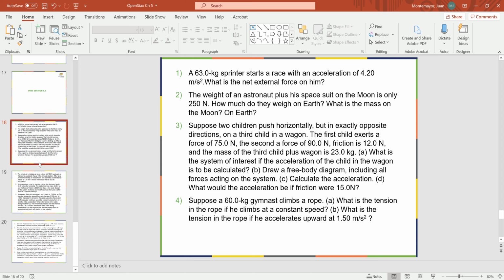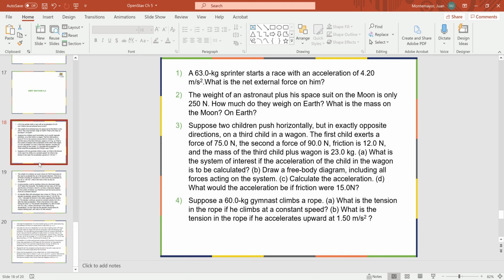For number 3, just wanted to go over that one briefly. You have 2 children pushing horizontally on this one child in the middle on the wagon. The first exerts a force of 75 newtons. The second, 90 newtons. So obviously the second force is greater. And you have a friction force of 12. So you have to make sure you draw this correctly and know what system you're talking about.